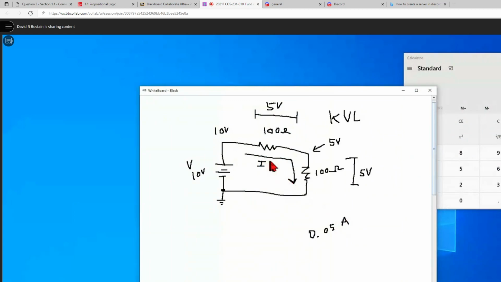So that's what I is equal to. So that times the 10 volts will give us the power. So this number times 10 is equal to 0.5 watts.